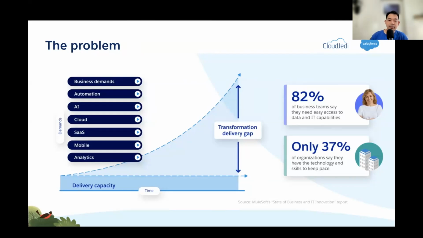It's not really feasible for us to keep on hiring more people in order to meet the demands, right? So this is what we call the transformation delivery gap. As the business grows, there's going to be more and more demands. The question is, how do we then address this problem?